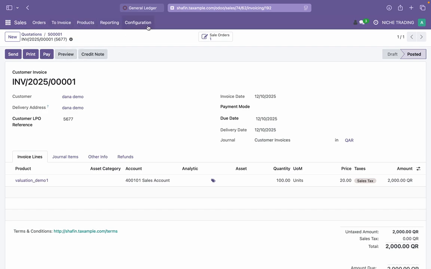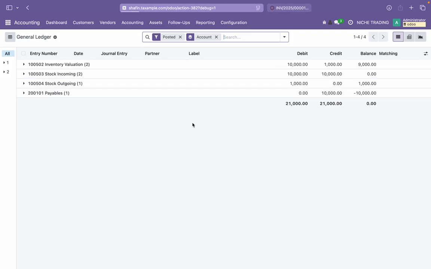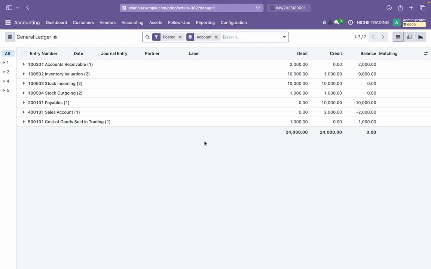So let's check what happens with the general ledger. Voila, we only see 1000 being hit into the profit and loss account, and the inventory is valued at 9,000. We still receive 2,000 from our customer. We do not have any stock incoming versus outgoing gap yet.